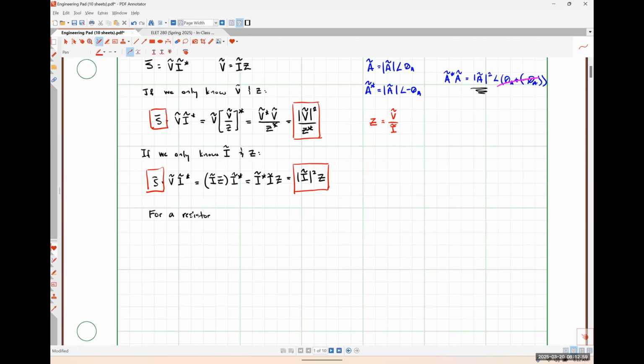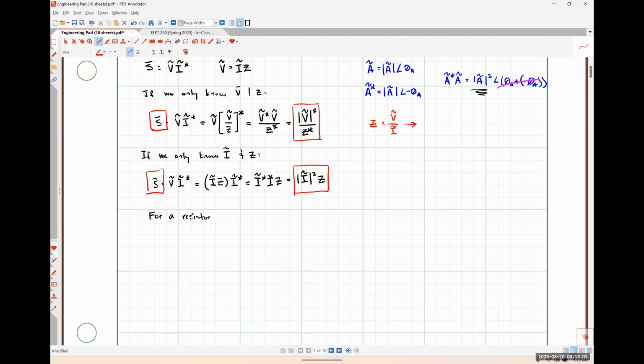For a resistor, that's literally just going to be the resistor value itself. So when we go from the time domain into the phasor domain, resistors stay resistors, nothing fancy there.